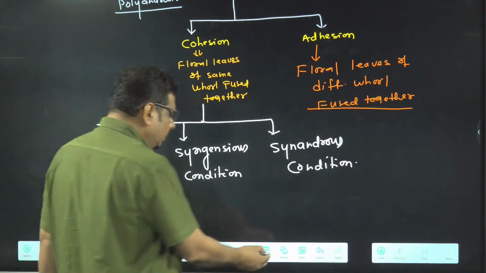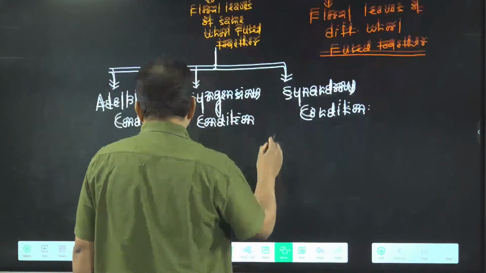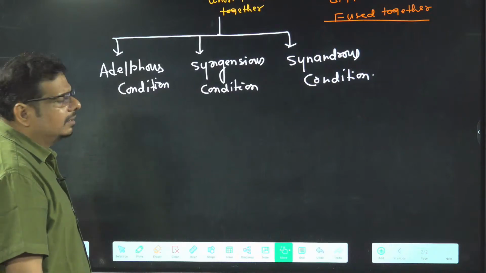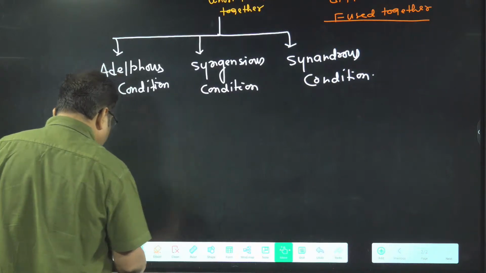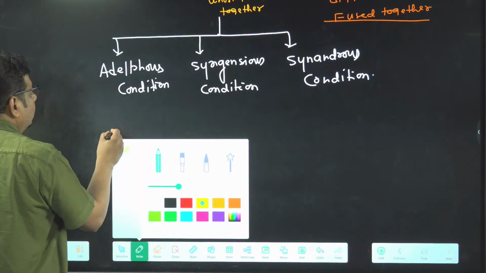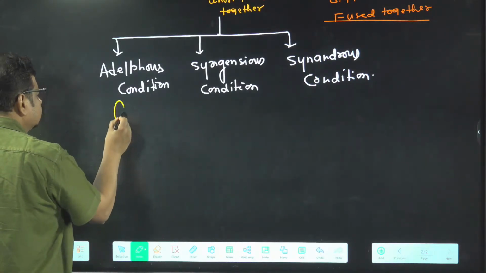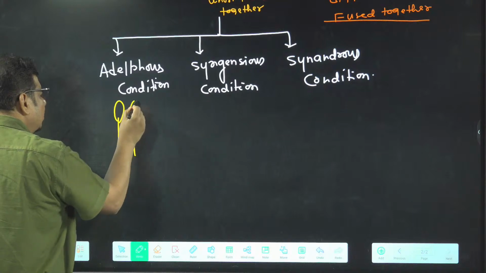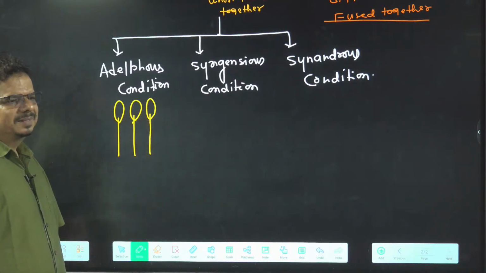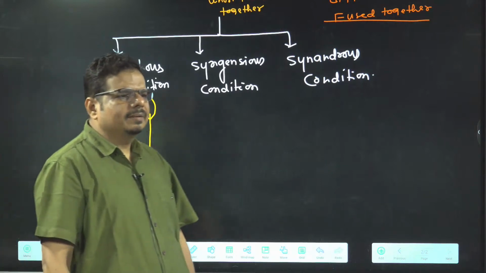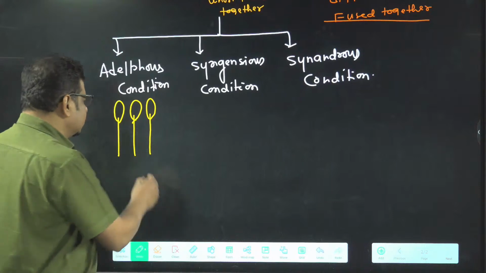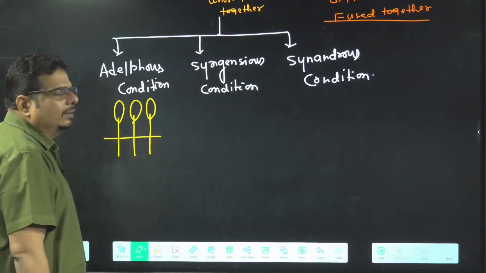Getting the things or not? First Adelphous condition, second Syngenesious condition, third Synandrous condition. What happens in case of Adelphous condition? Try to understand through a diagram. Here I am drawing stamens, more than one stamen, 3 stamens. What happens in Adelphous condition?